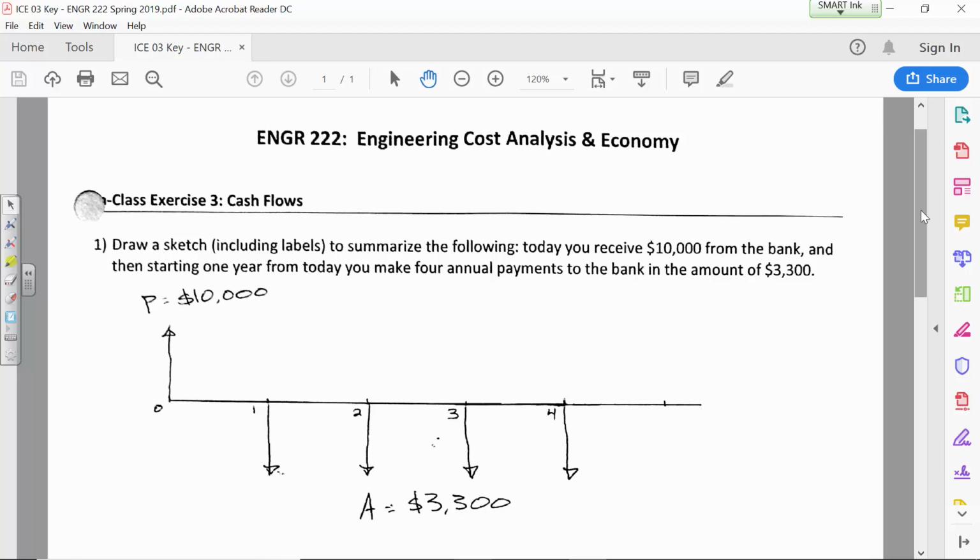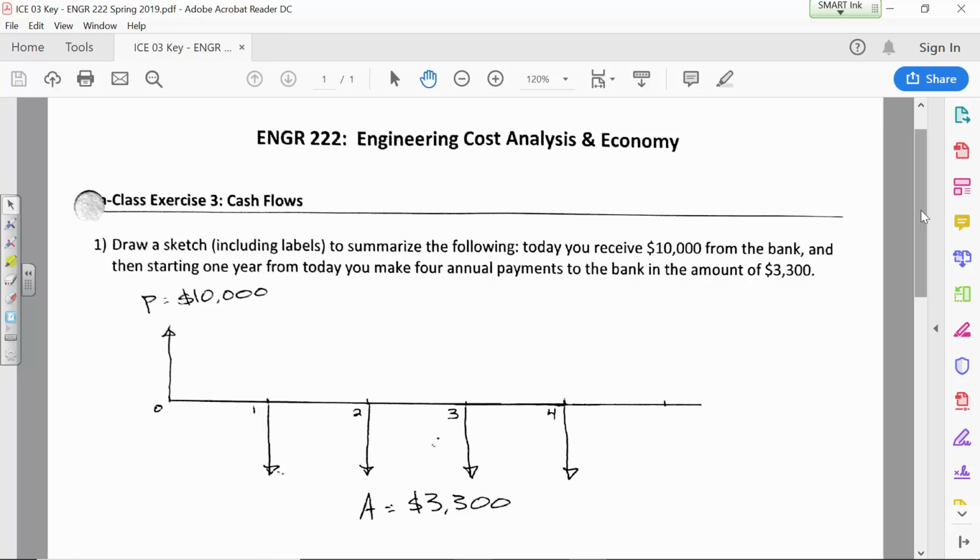Okay, let's take a quick look at number 1 and see if we're all doing the same thing here. So the problem statement is today you receive $10,000 from the bank, and then starting 1 year from today you make 4 annual payments to the bank in the amount of $3,300.